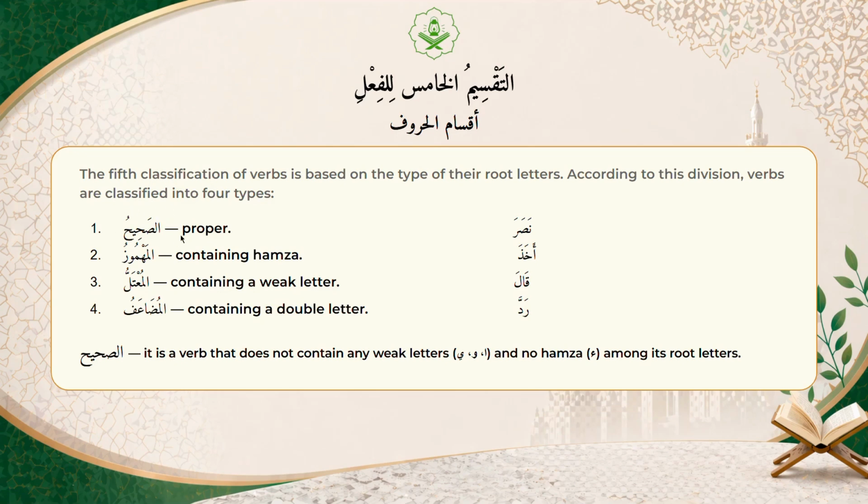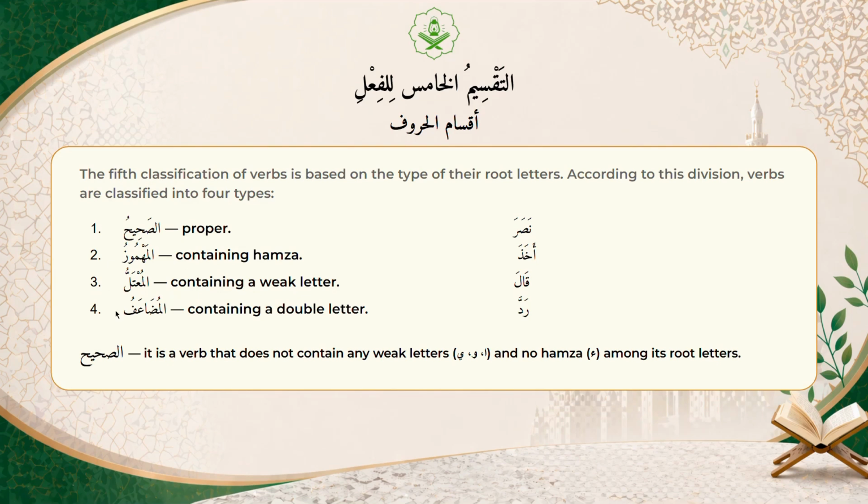First, الصحيح, proper, like nasara, nun, sad, ra. Second, mahmuz, the word that has hamza in it. Mu'tal, that contains a weak letter, like qala. And muda'af, that contains a double letter, like radda. Radda, the shadda here means that we have 2 dals, right? Basically it was radada, but we put shadda, so it became radda.